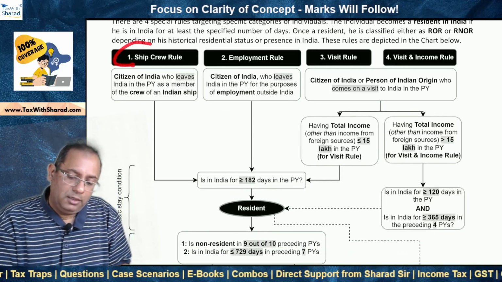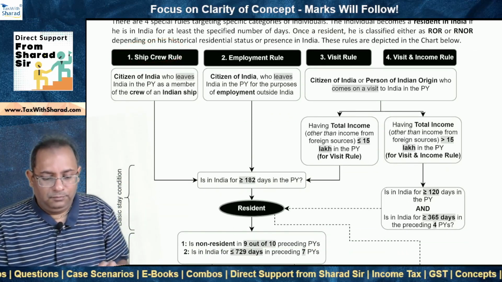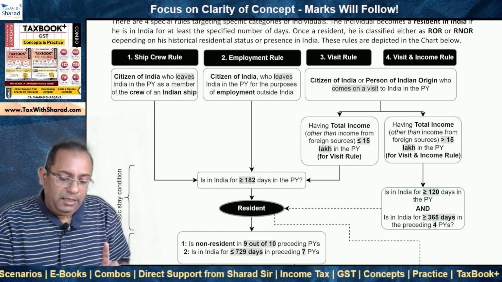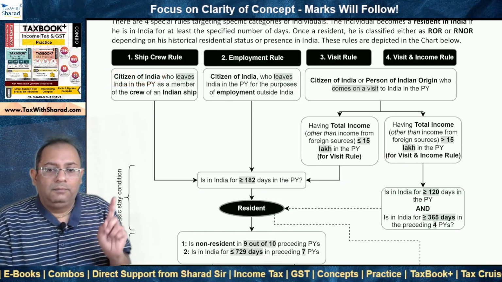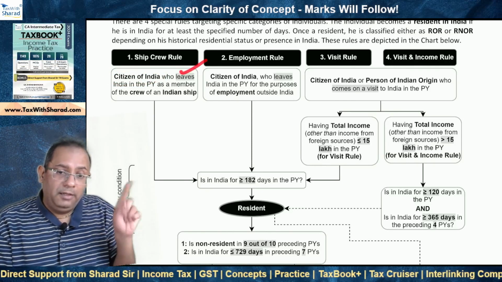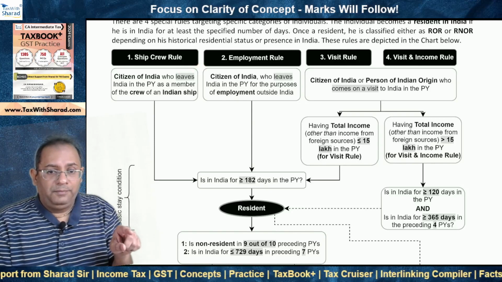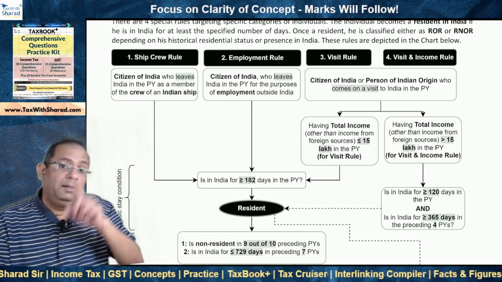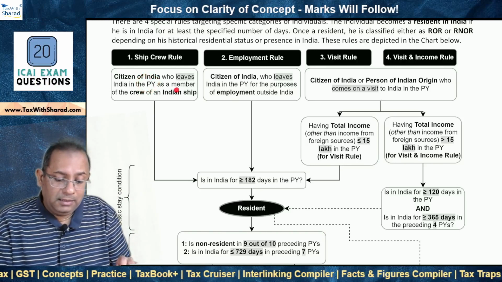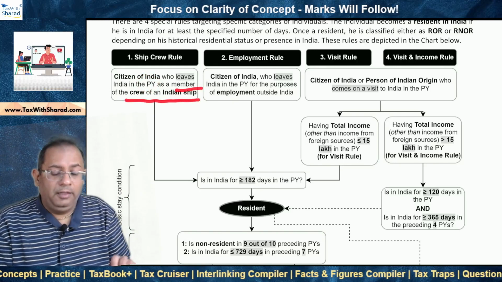So the first rule is the ship crew rule. It applies to whom? It applies to a citizen of India, who leaves India. He is not coming to India, he leaves India. When? In the previous year, as a member of the crew of an Indian ship.